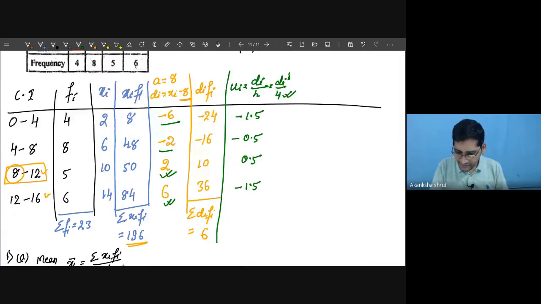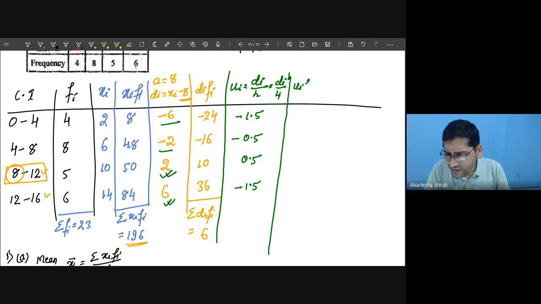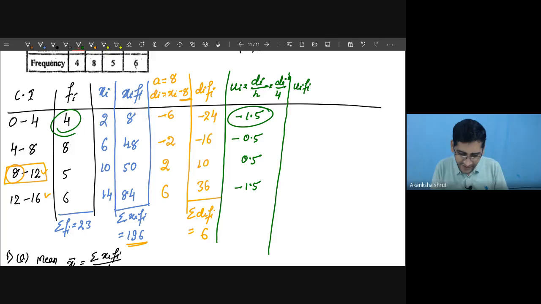But this is not over. Why? We need di fi. Like di fi, now we need ui fi. So go for calculating ui fi. So write ui fi. What is our ui? Students, you should be careful while choosing these things. So our ui is minus 1.5 and fi is 4.